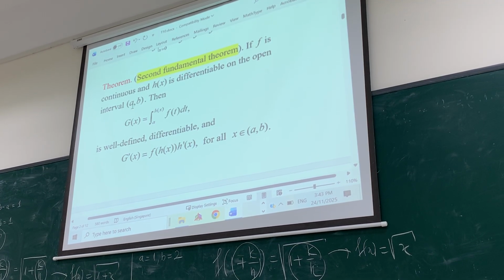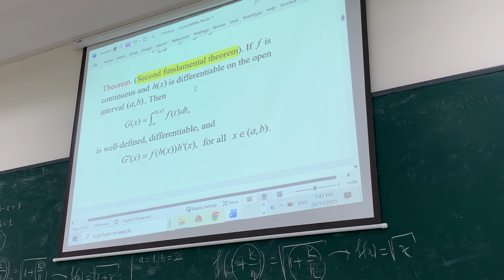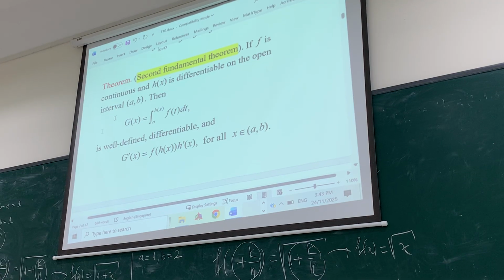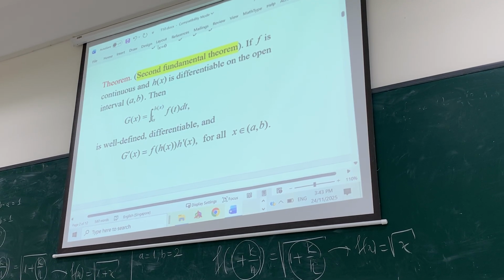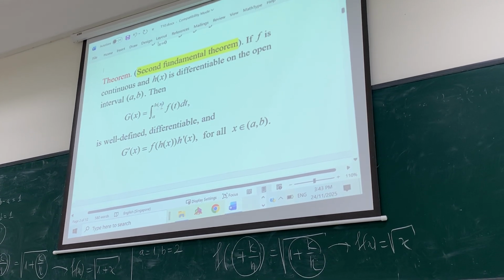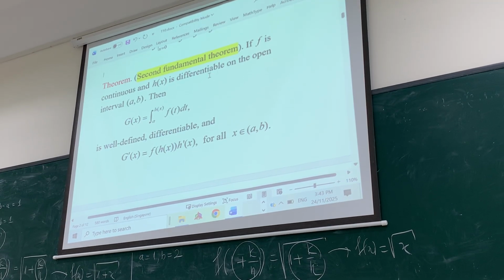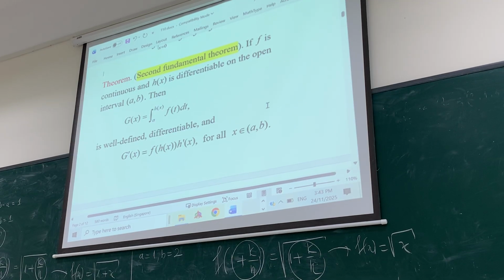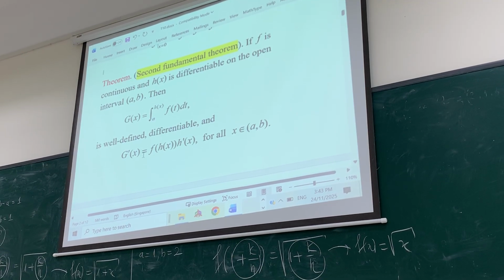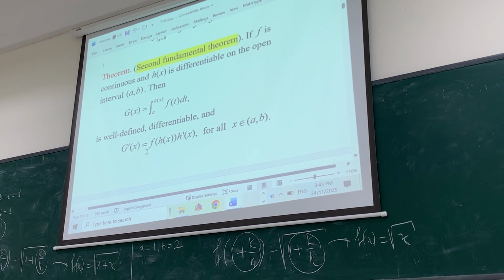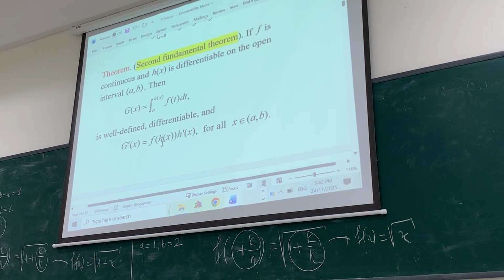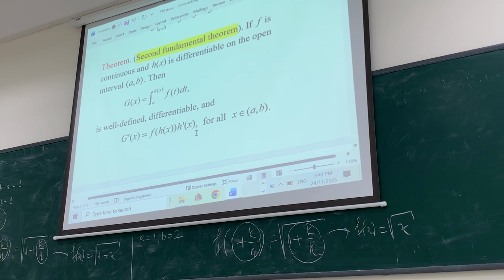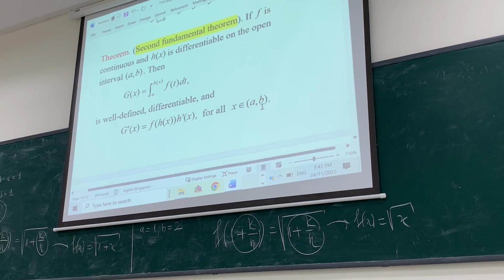If f is continuous and differentiable on the open interval (a, b), then the function g defined by the definite integral from a to x of f is well-defined and differentiable, and we can compute the derivative g'(x) equals f(x) for all x belonging to (a, b).